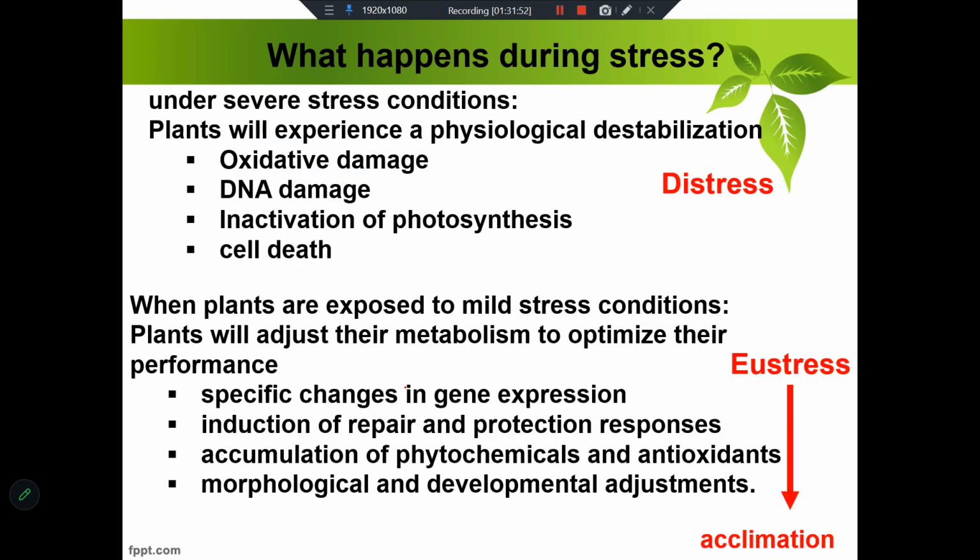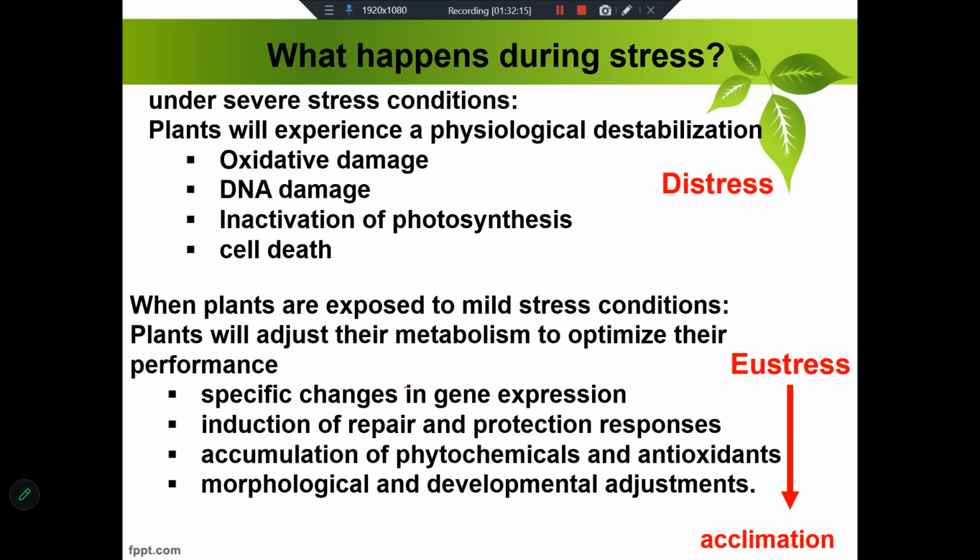If the eustress condition is happening over a long period of time, it leads to what we call acclimation of the plant. Okay, so acclimation, and there's another similar term called adaptation.